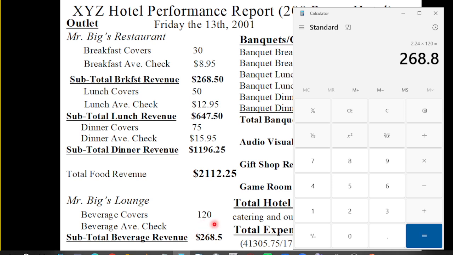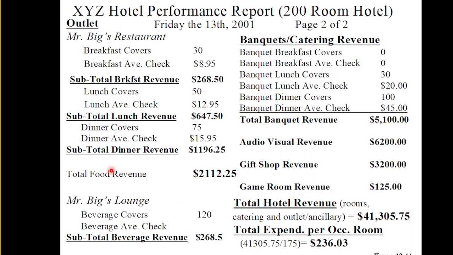That is how you come up with the subtotal revenue of the Big Lounge. You just need to divide it by how many heads, and then the average check is $2 something. So here's for the breakfast.